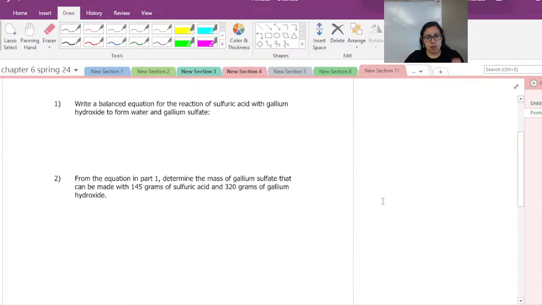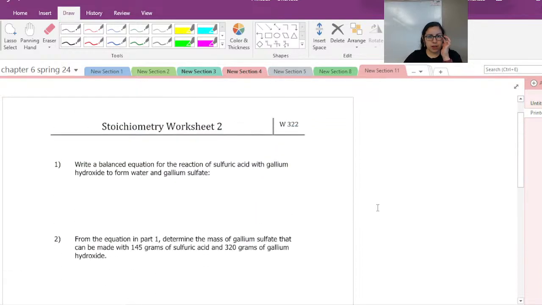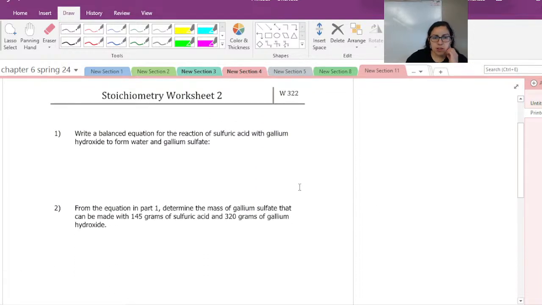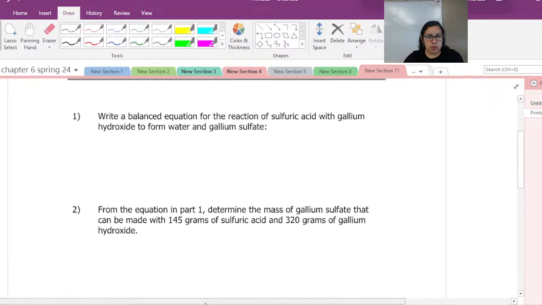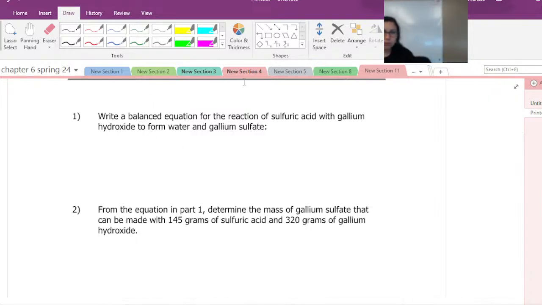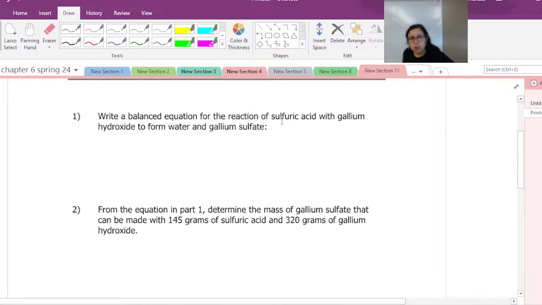So this is a good worksheet. See if you can start with at least the first two problems. I can zoom in. So just go ahead, can you write that balanced equation for our sulfuric acid reaction with gallium hydroxide? And then if you feel okay about that, you can try to start number 2.